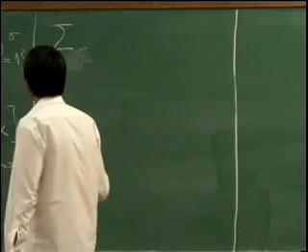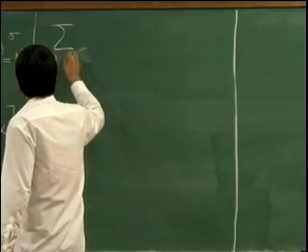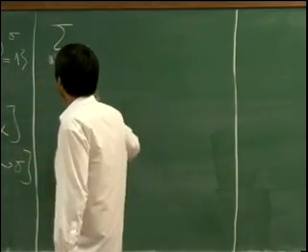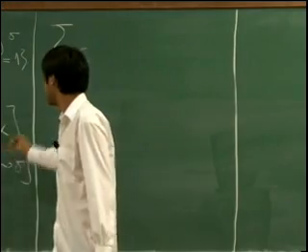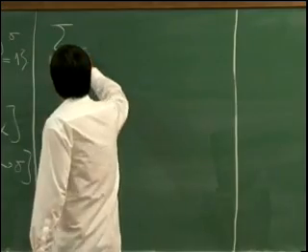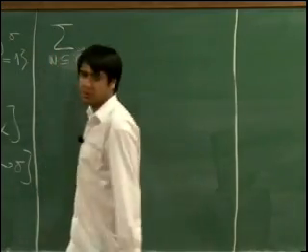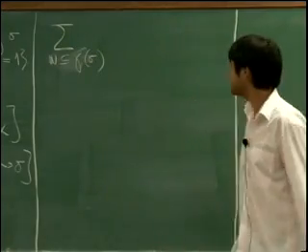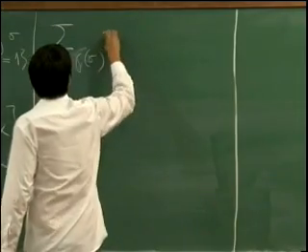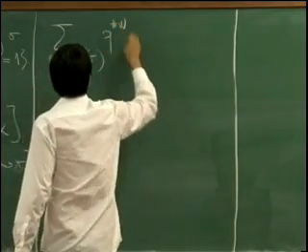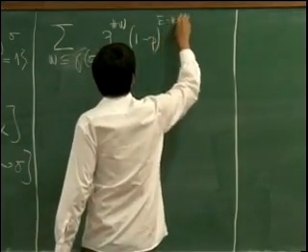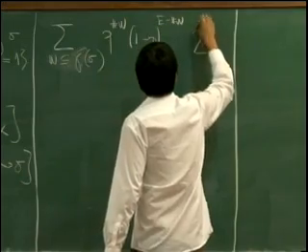So the only edge configurations that give a non-zero probability here are the ones where this omega is included in gamma of sigma. So let me write what we have. It's p to the omega, 1 minus p to the number of edges minus omega, times 2 to the number of clusters.